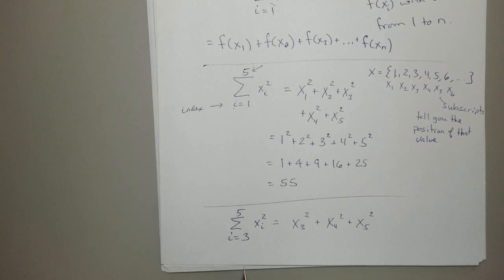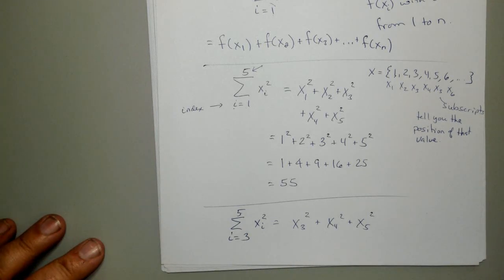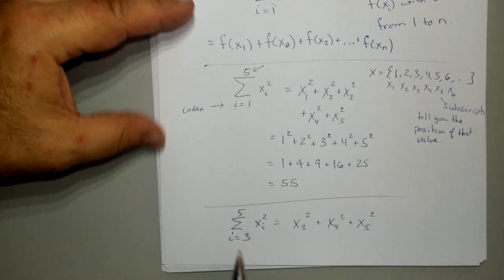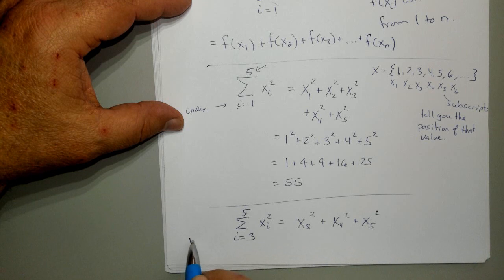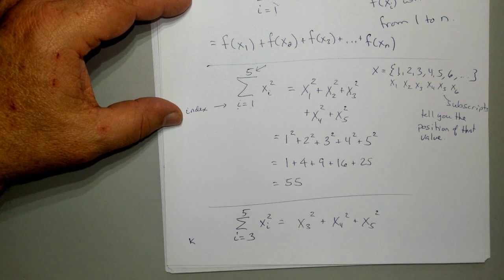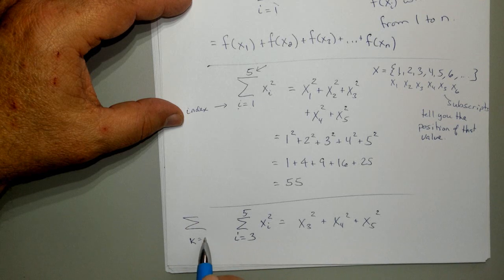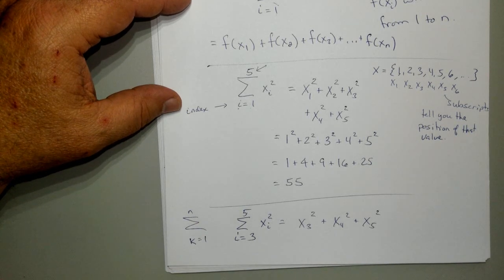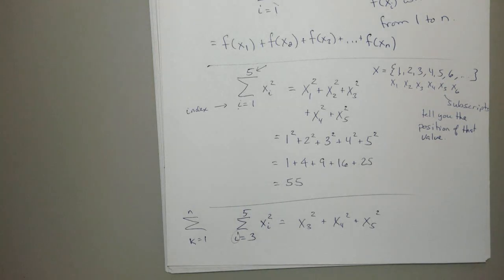So the index begins at a certain number and ends at whatever number's on the top here. It's typically labeled as i, but it could be labeled as k also. You could also see some counters like that. But typically, we use i because it's the index.